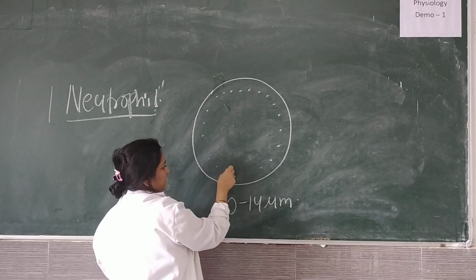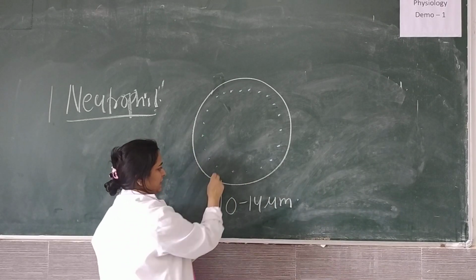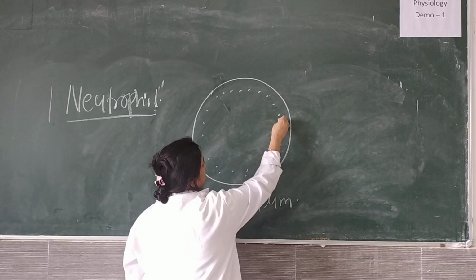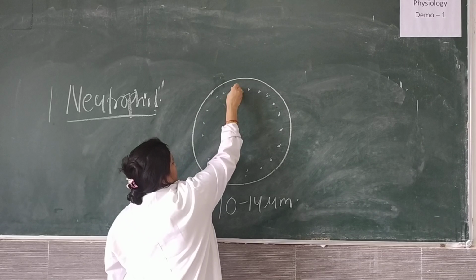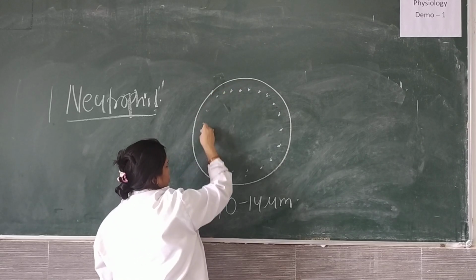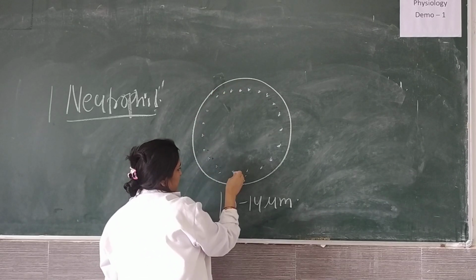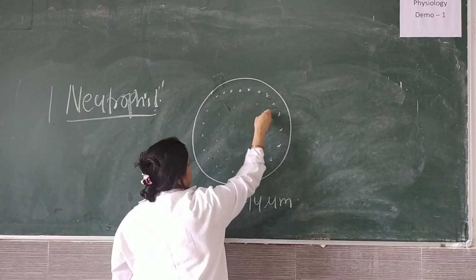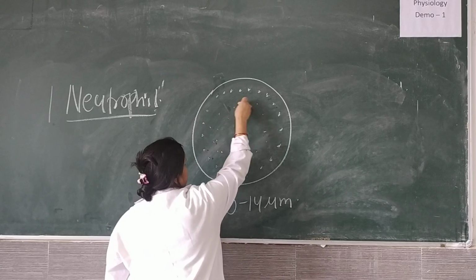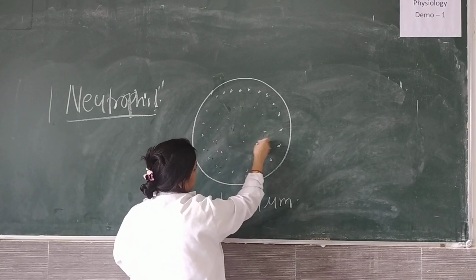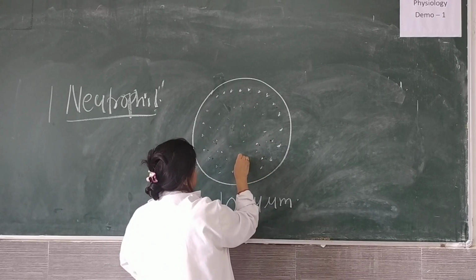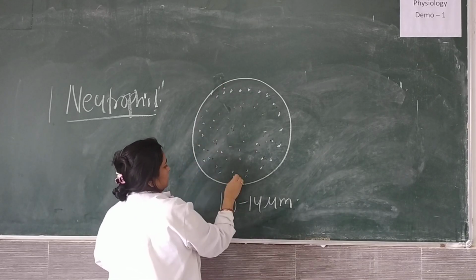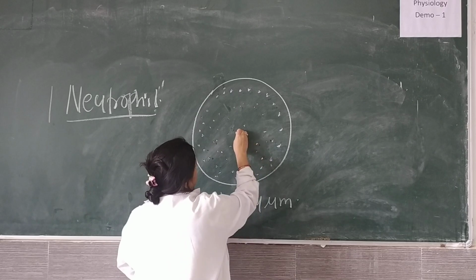Under the microscope, the granules of neutrophil will look purple, or we can say violet and pink in color.